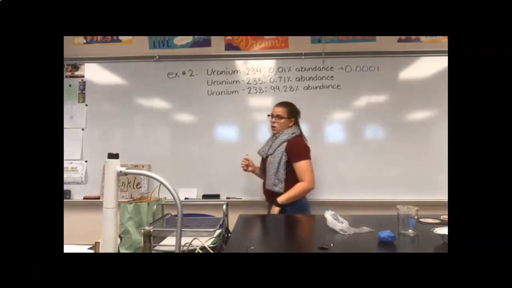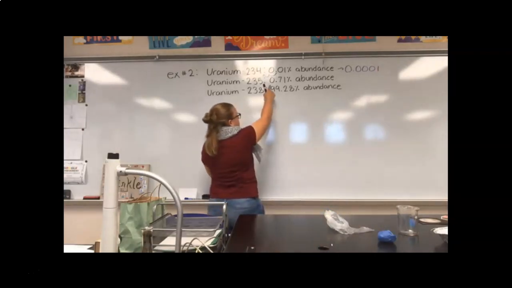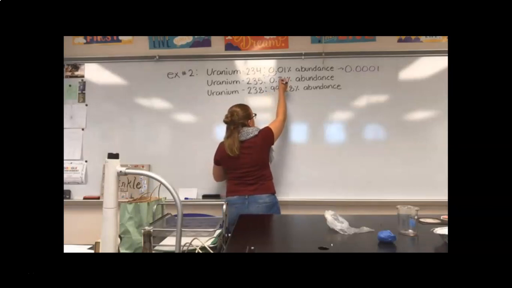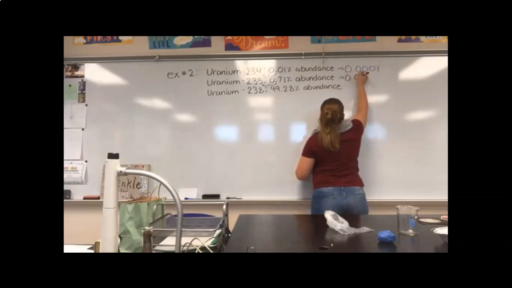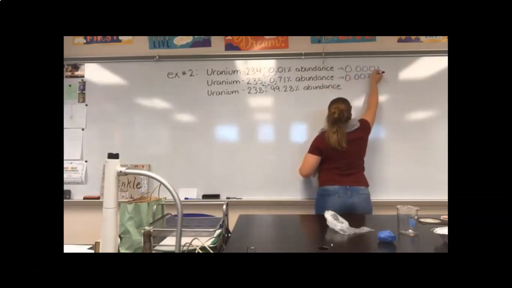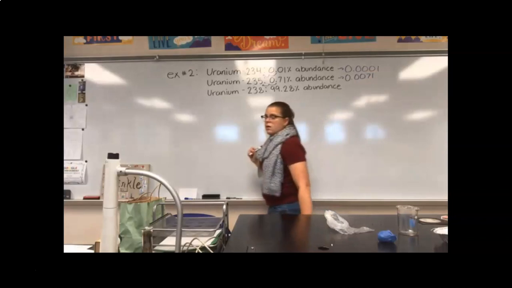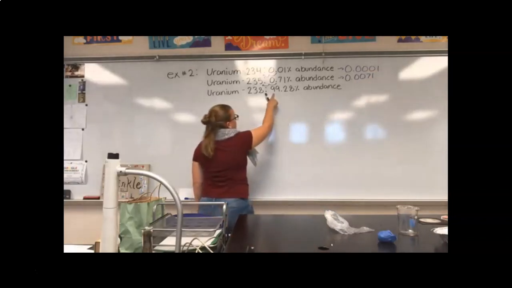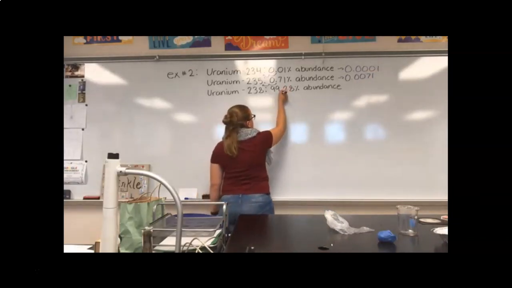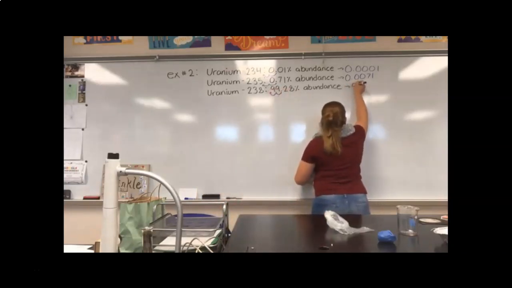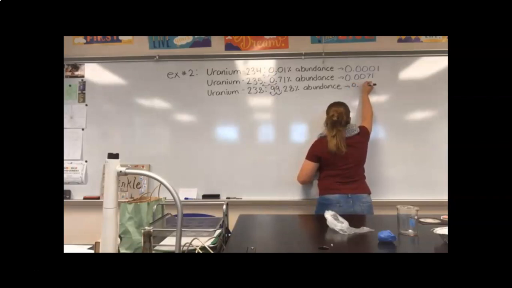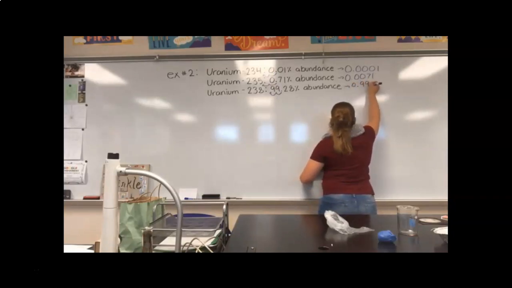Very, very, very small. Now 0.71%, twice to the left. And you're going to get 0.0071, again very small. Then 99.28%, moving twice to the left. We get 0.9928.